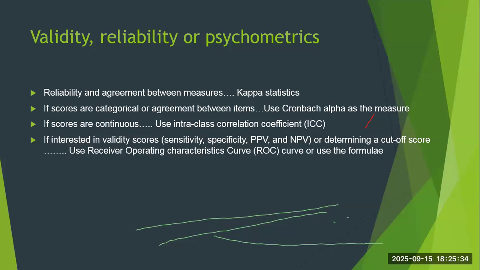Now, assuming that you have two tests. One, you want to use something like urinary cystatin C to check if somebody has an infection.